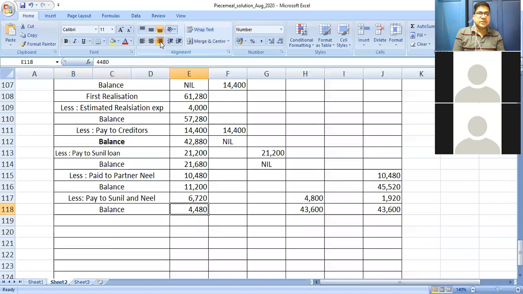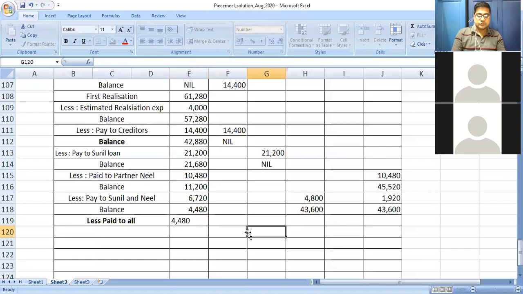So you can easily do this. So we write: less, paid to all.